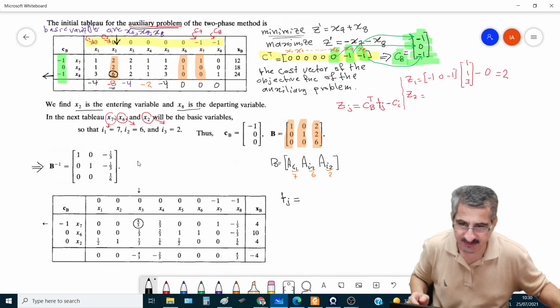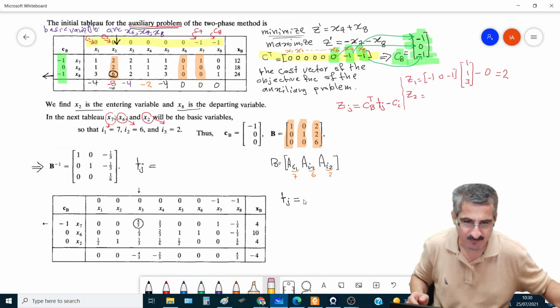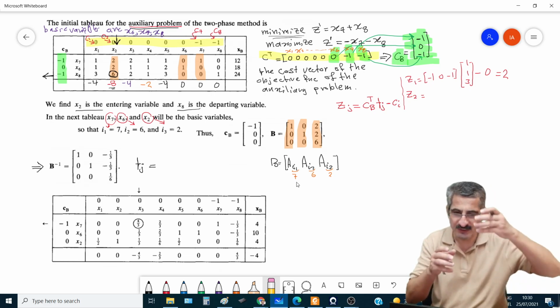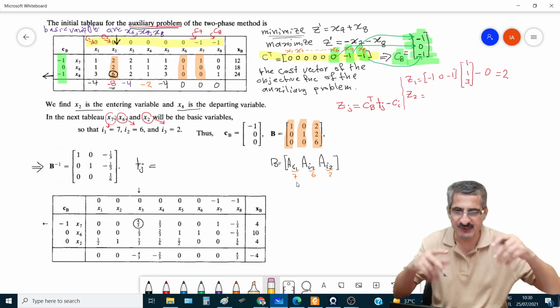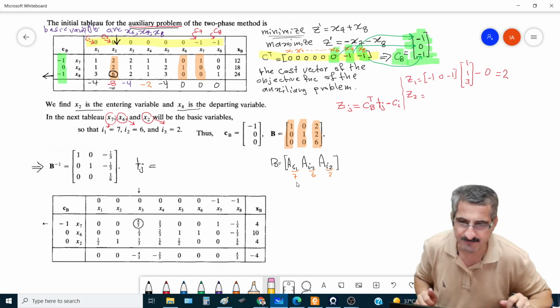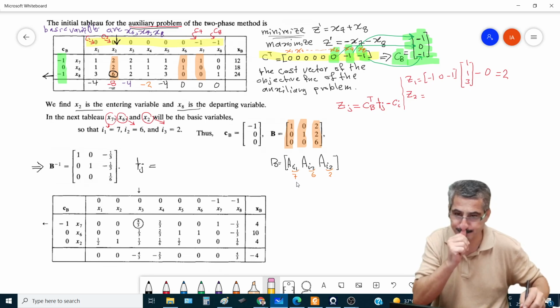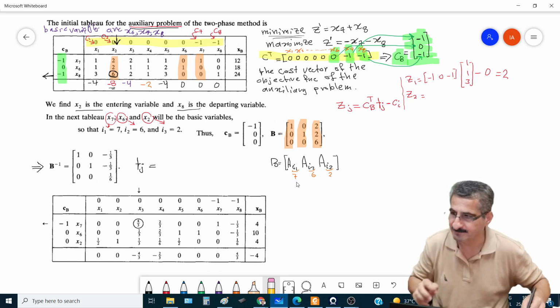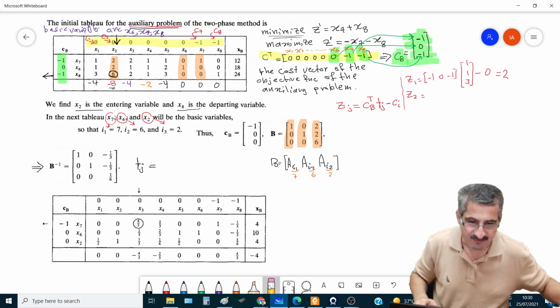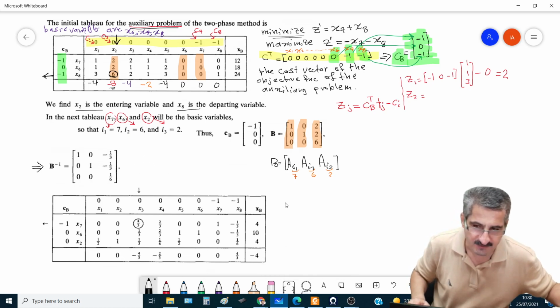I want to compute the columns of the new table using the columns of the previous table. So how do we do that? B inverse Aj. Tj, yeah, thank you, Siham, is B inverse Aj, simply.